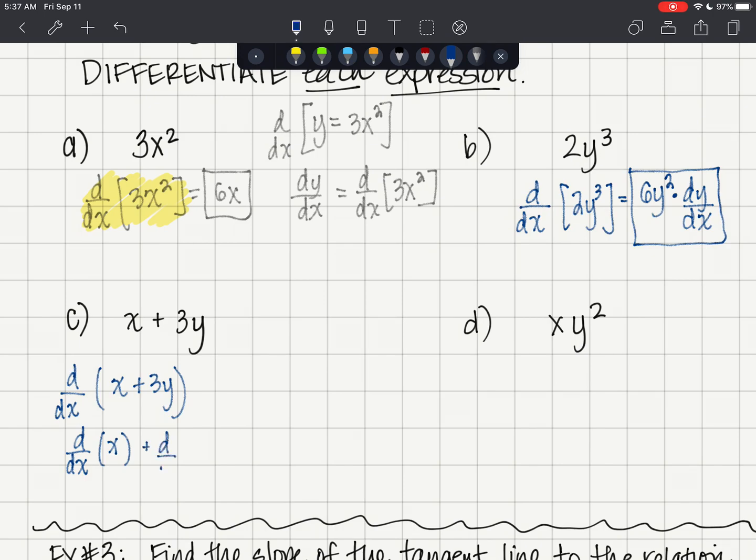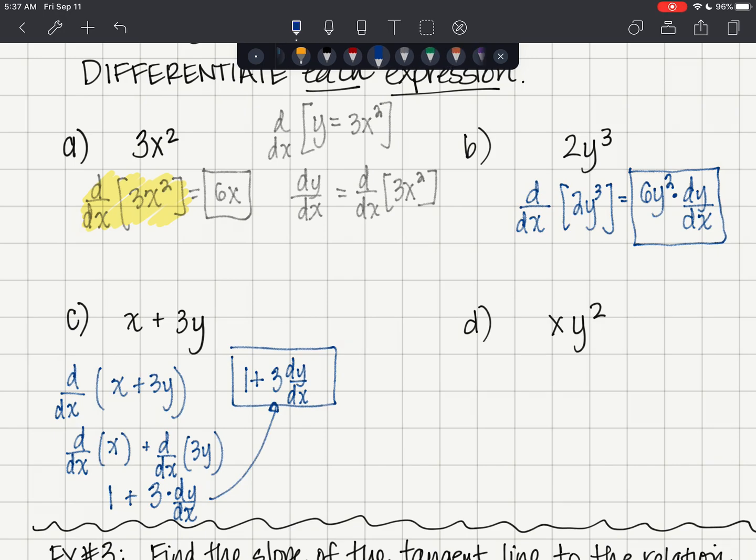Plus the derivative with respect to x of 3y. Well, the derivative of x with respect to x is 1, and the derivative with respect to x of 3y is the derivative of 3y times dy/dx. So our answer is 1 plus 3 dy/dx. Let me just write it there. That's our answer.